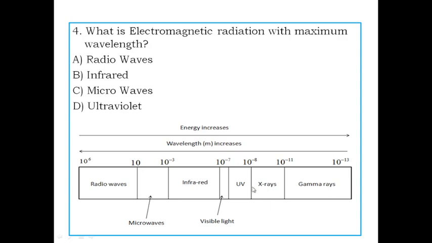Next we have X-rays, then ultraviolet rays, then visible light, which is around 10 to the power of minus 7. That is the wavelength of the visible light which we can see. Then infrared, then microwaves, and finally radio waves. So radio waves will have the maximum wavelength, of 10 to the power of 6.